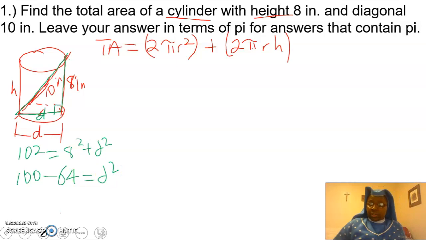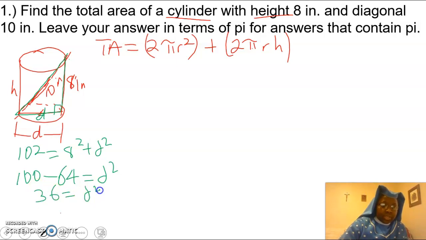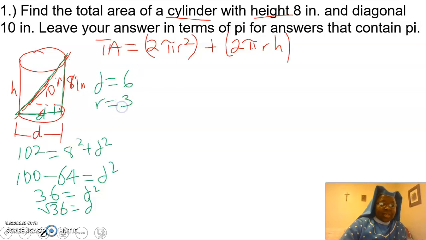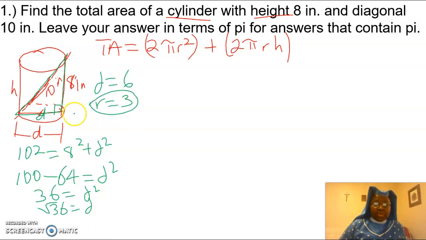That would give us 36 equals D squared. And we take the square root of 36, it's going to be 6. So D is 6, which means the radius is going to be one half of the diameter, which is 3. And that's what we need. We need the radius. Always remember that we need the radius, not the diameter.